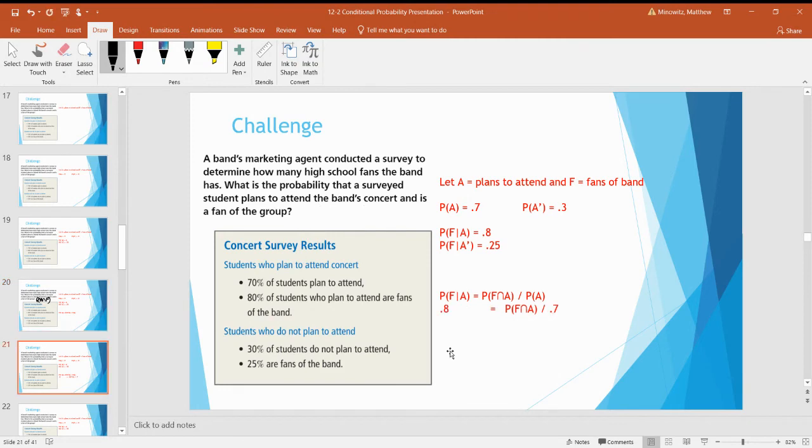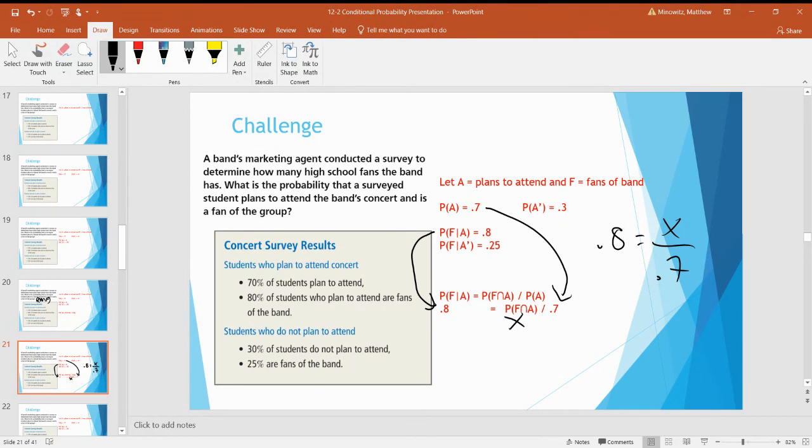So we know that the probability that they're a fan given they're attending is 0.8. We know that the probability that any random student is attending is 0.7. And we can call this x. We can call our variable x, and we're solving for x. You can leave it as the probability of fan and attending, or you can write it as x if you want to simplify your calculations. So I have 0.8 equals x divided by 0.7. And we need to know how to solve.